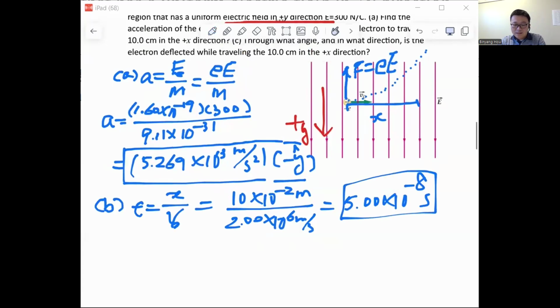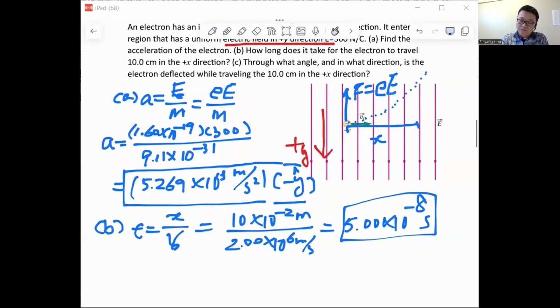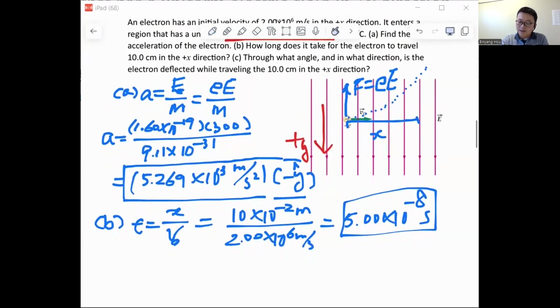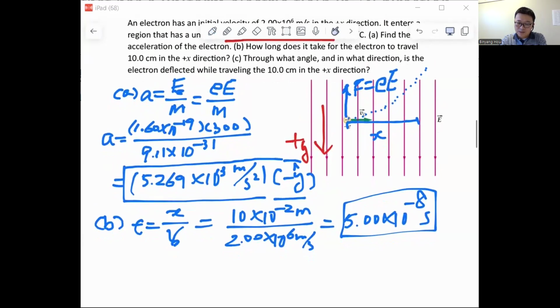Let's take a look at the last question. It asks through what angle the electron is deflected after traveling 10 centimeters in the x direction. After traveling, it'll be somewhere here, now going in that direction. V is in that direction. It should have an x component, V of x, which is the original V0, because in the x direction there's no force, so it shouldn't be changing.